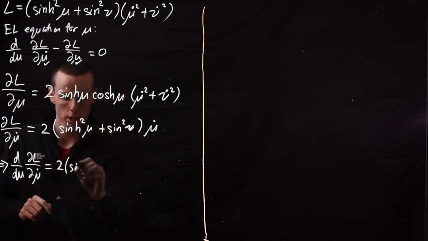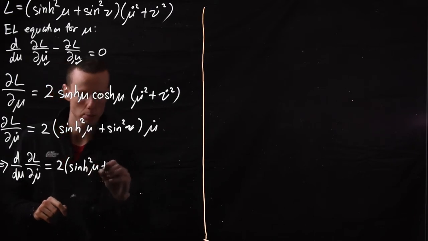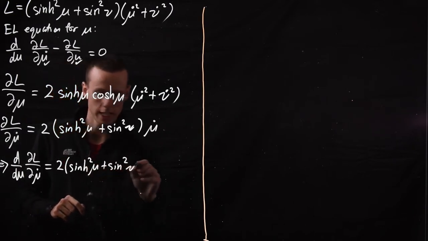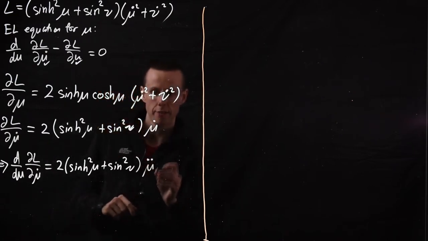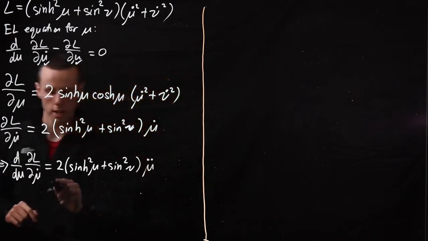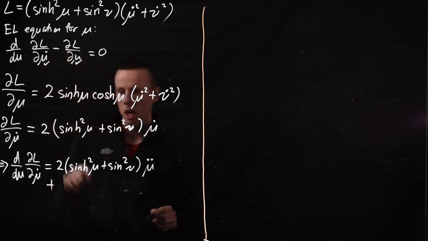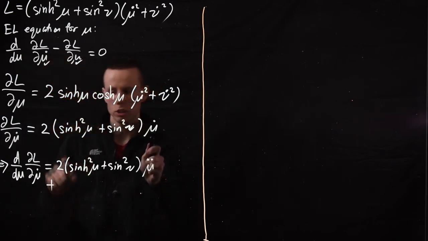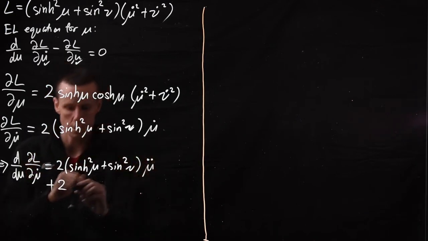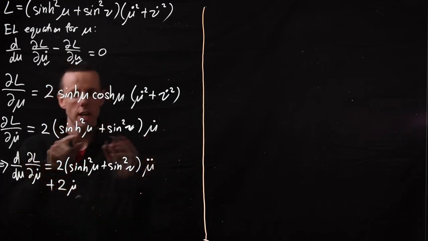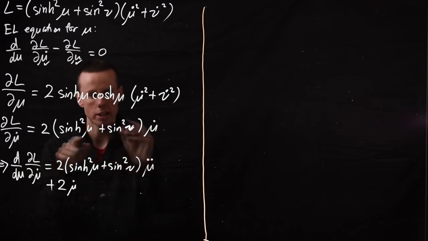So we'll have 2 times sine squared mu plus sine squared nu, mu double dot. Okay, so it gets differentiated again with respect to u. And then in the second term, we will keep the mu dot. So we'll have that factor of 2 again, and we'll have the mu dot, let's put it here at the start, and then we differentiate this with respect to u.